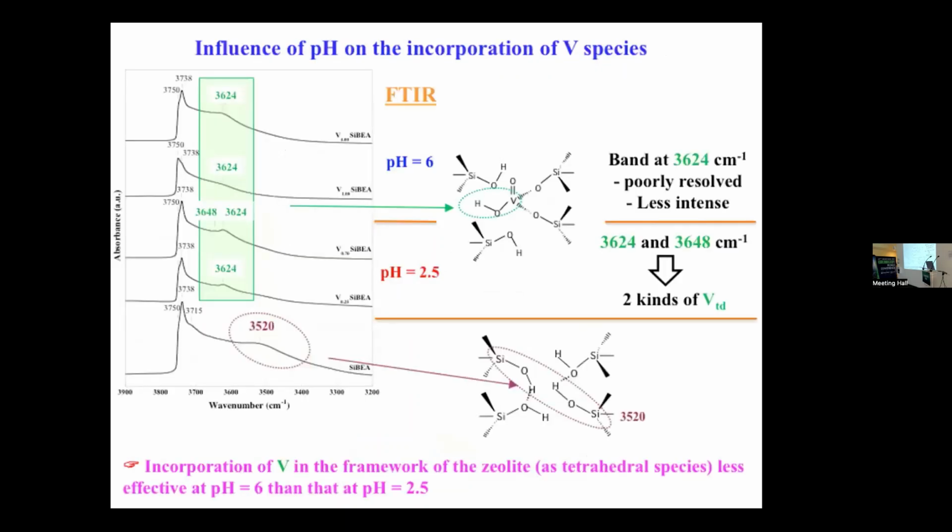In the zeolite, we form tetrahedral vanadium species like that with a VOH group, this group. In contrast, at pH 6, this band is not very clean, because we form not only framework vanadium species, but also extra-framework vanadium species.